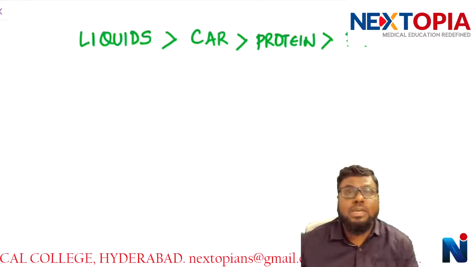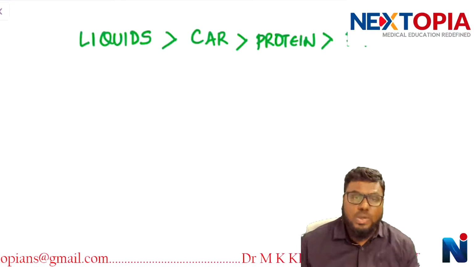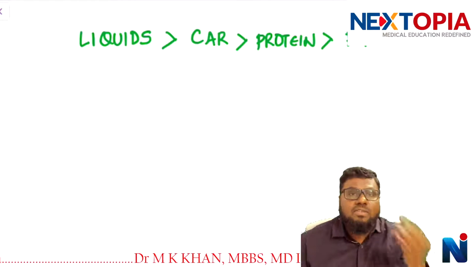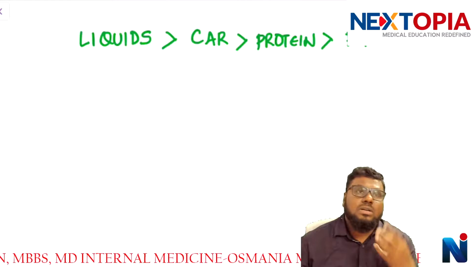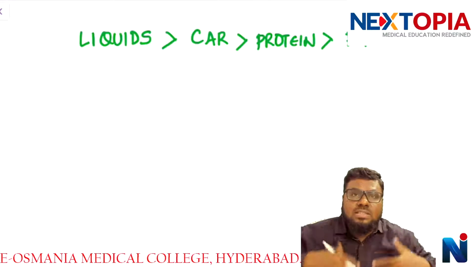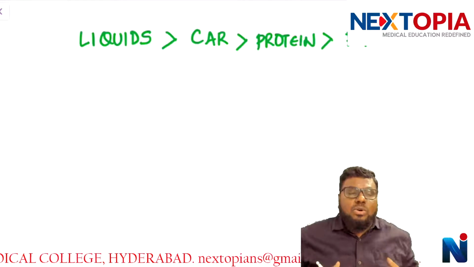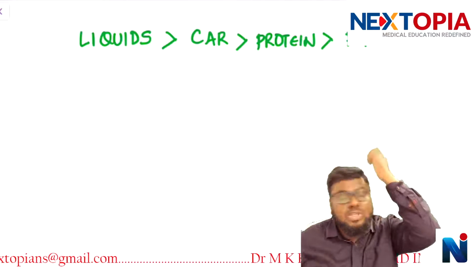So least to empty is fat and quickest to empty is the liquid. Hence, whenever you have a fatty or heavy meal, you feel like drinking a lot of water, so that this water causes stomach emptying and you do not feel any bloating sensation.